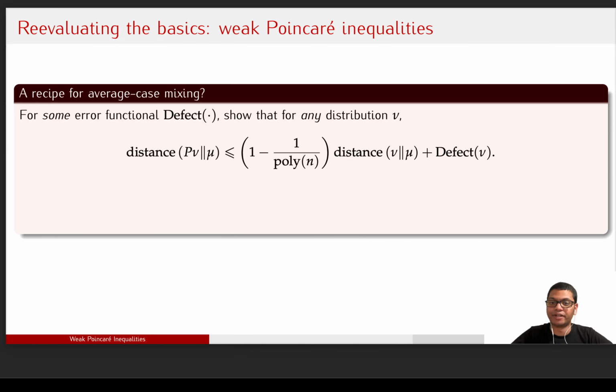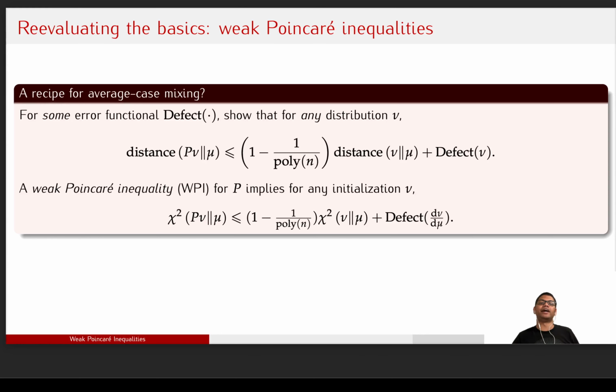You would like a statement where you can say that after you ran the Markov chain for one step, the new distance to the target stationary distribution mu is the old distance times a 1 minus 1 over poly n shrinkage factor, but plus some additional defect term, which possibly depends on the distribution nu.